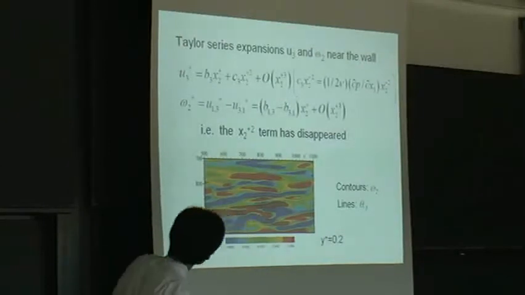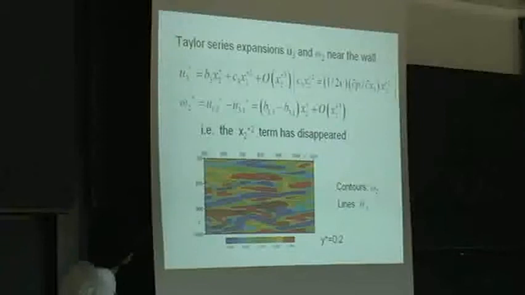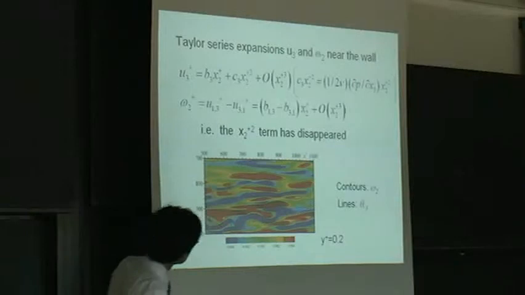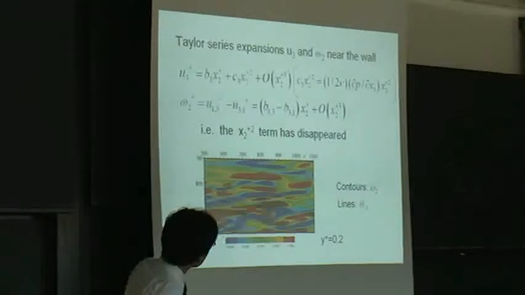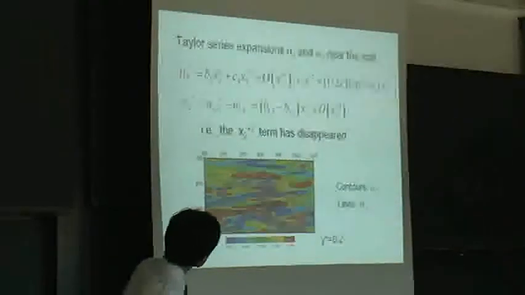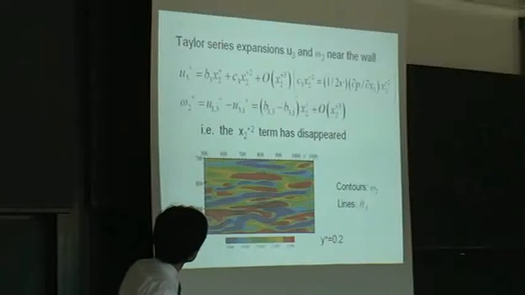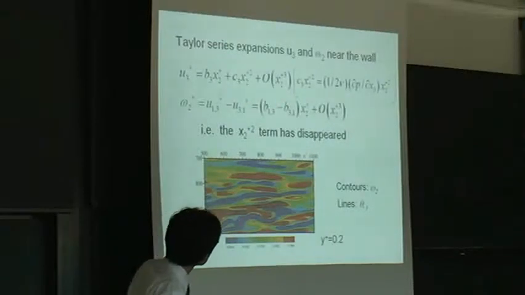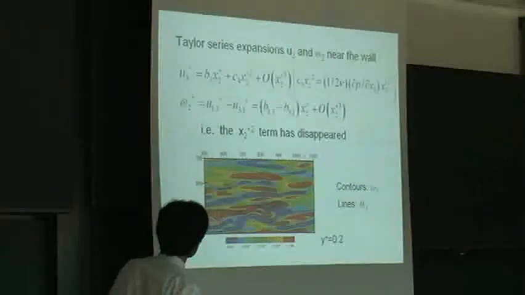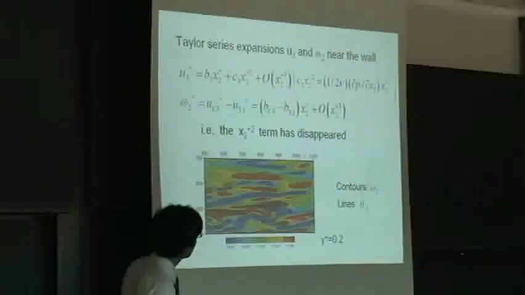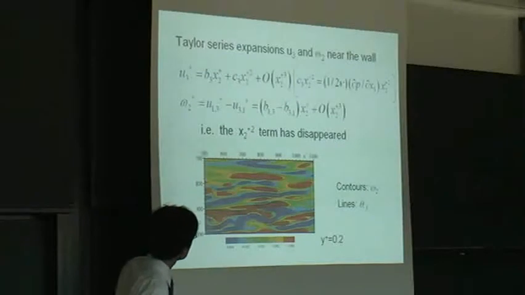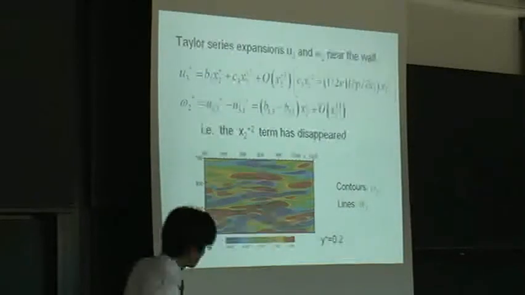However, if we consider omega 2, in this case, this omega 2 is not affected by the pressure gradient term. Hence, the similarity between omega 2 and theta 3 is almost excellent, almost perfect as a whole. This is why this correlation coefficient shows the largest magnitude near the wall.